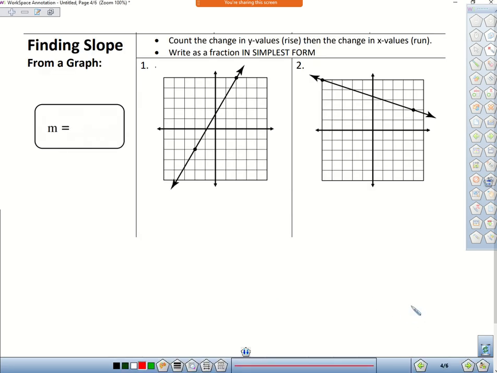So finding slope from the graph. Count the change in y values, the rise, from the changes in the x values, run, and write as a fraction in simplest form. So the formula for slope is y2 minus y1 over x2 minus x1. That's the formula for slope.